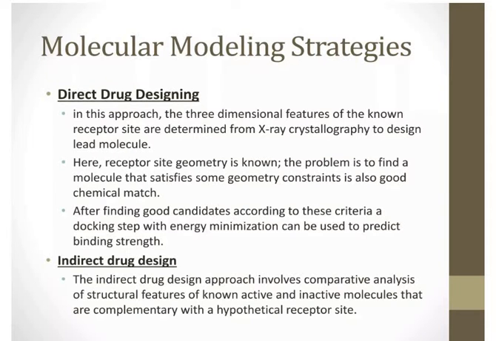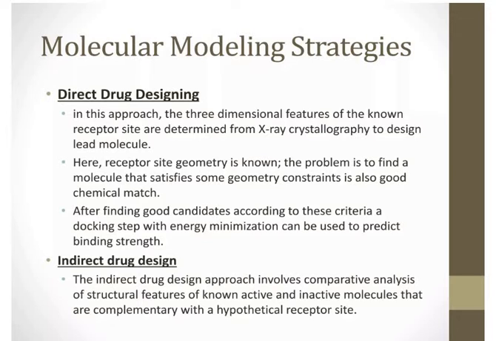So, molecular modeling studies the direct drug design. In this approach, the three-dimensional features of the known receptor site are determined from X-ray crystallography to design lead molecules. Here, receptor site geometry is known. The problem is to find molecules that satisfy some geometry constraints and are also a good chemical match.